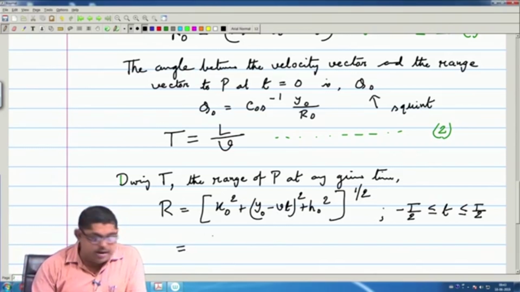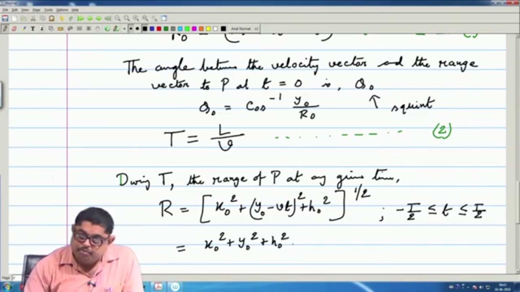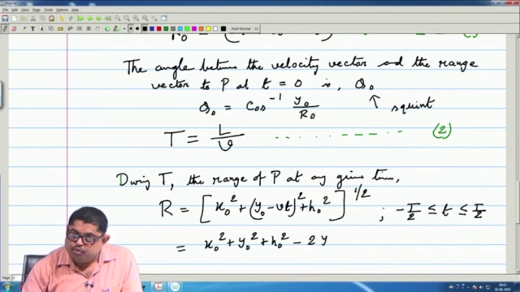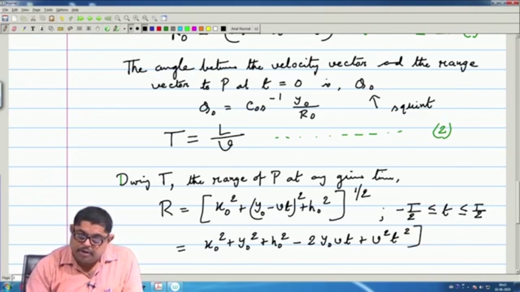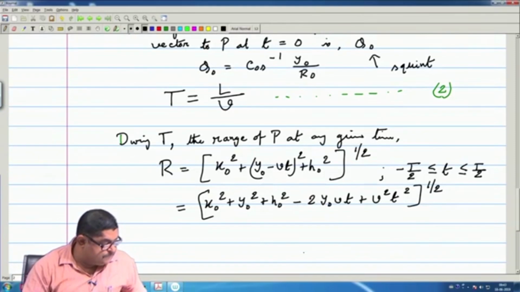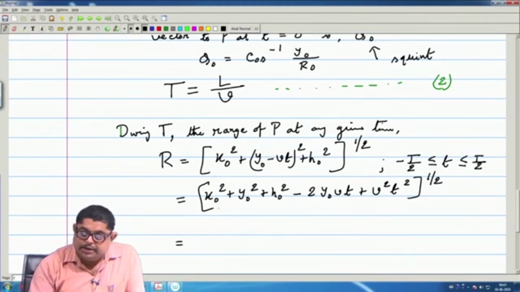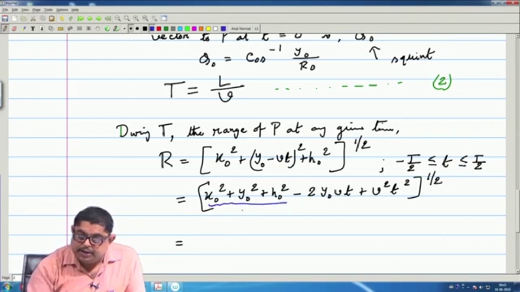So, this if I expand, it becomes x naught square plus y naught square plus h naught square minus 2 y naught v t plus v square t square, to the power half. Now, I can easily say this is nothing but R naught square.